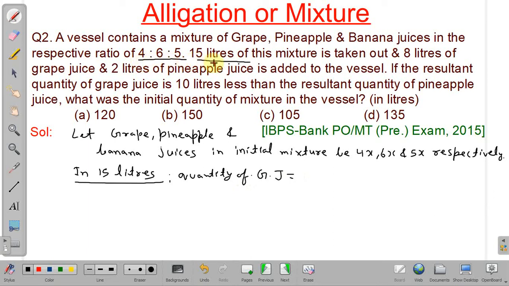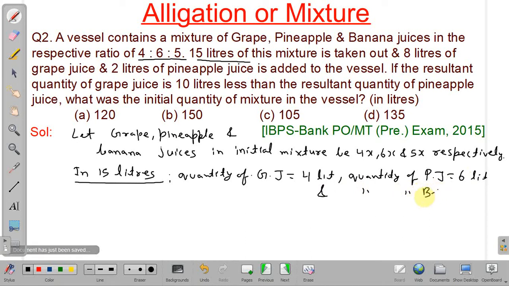So out of 15 liters, 4 liters will be grape juice. Okay, 4 liters. Similarly, quantity of pineapple juice will be 6 liters, and quantity of banana juice will be equal to 5 liters.